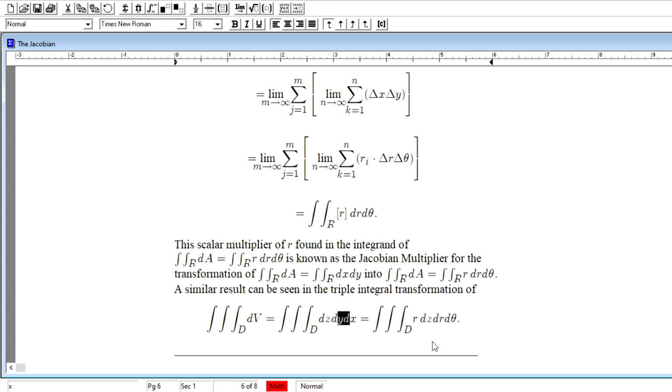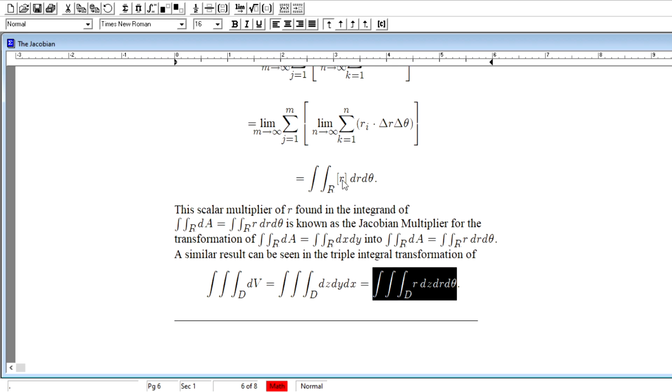All right. This supports the Jacobian for our polar transformed double integrals and for our cylindrical transformed triple integrals.